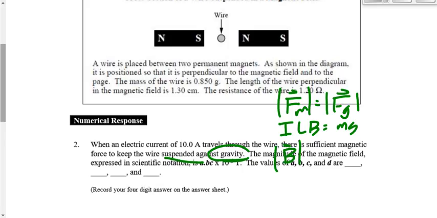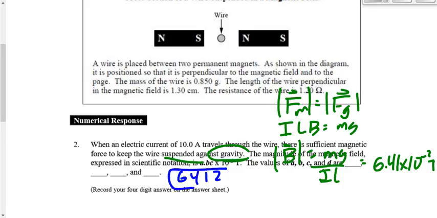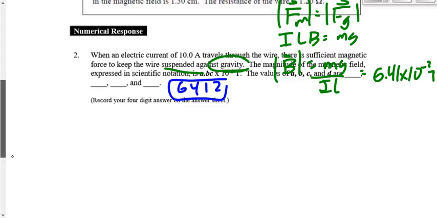B is equal to mg over IL. What do we end up getting when we do that? Who's got that? 6.41 times 10 to the minus 2 Tesla, which we express as ABCD again, 6412. Good there? Is that it? That was all of them?